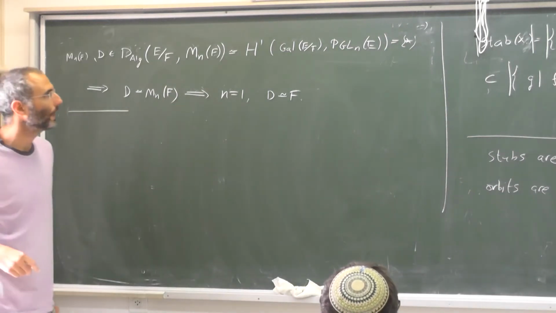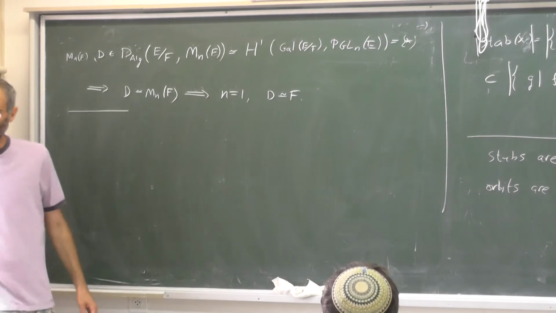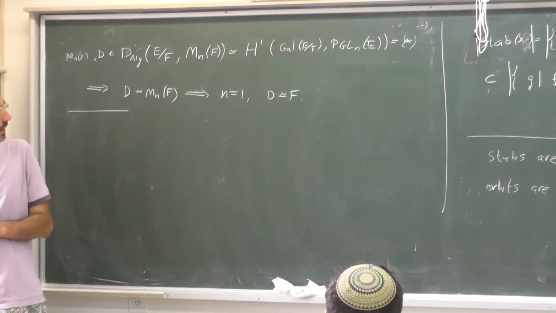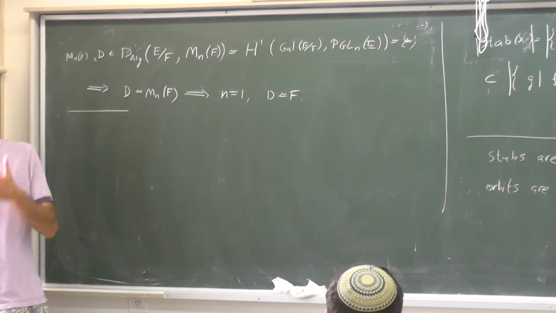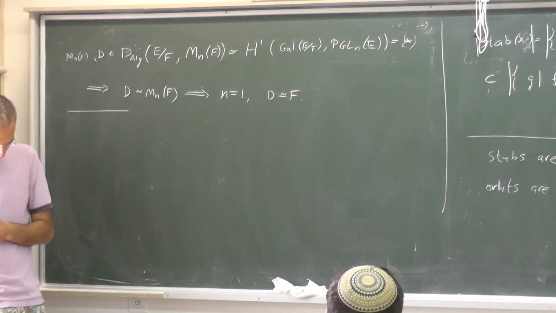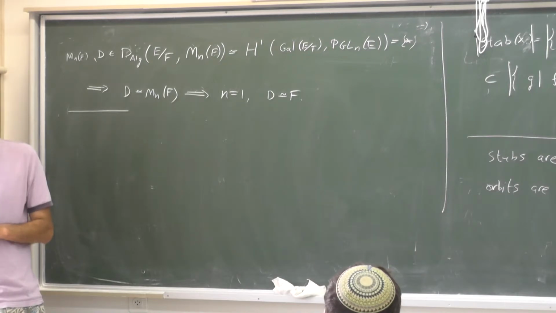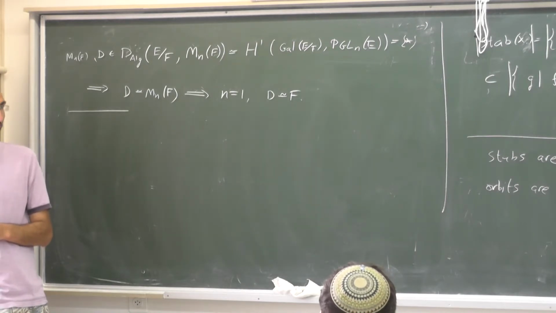So there are many other corollaries of this Lang theorem that are in the classification and the study of quadratic forms and bilinear forms over finite fields.